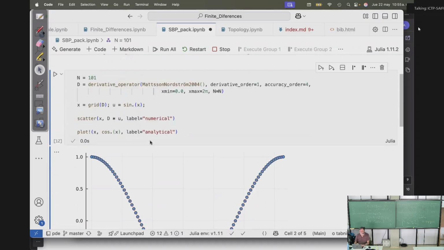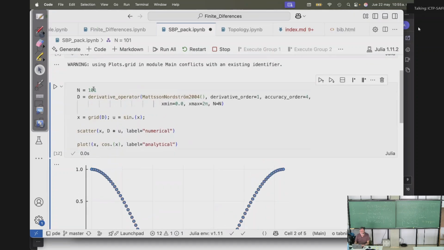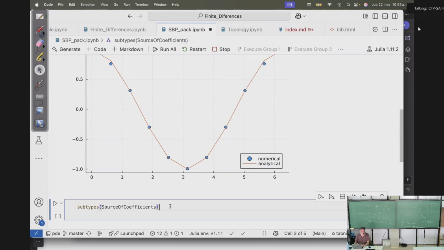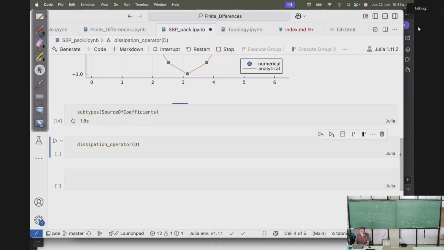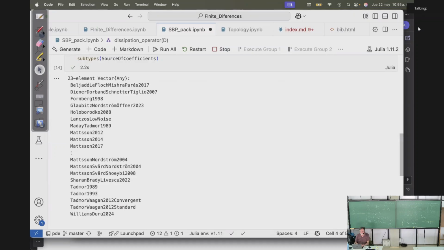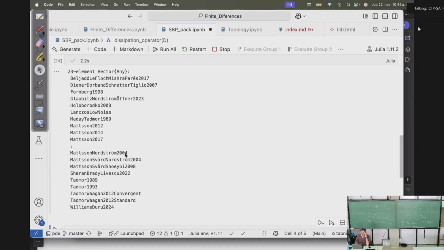So let's go back to 11. So we can get the coefficients. When you put this, you have all the types of different coefficients. So you have Holoborodko, Lanczos.